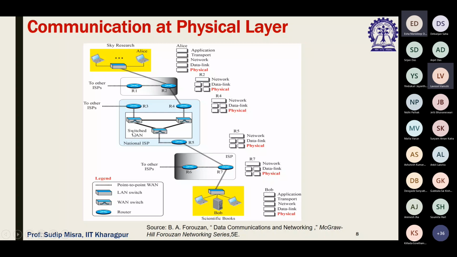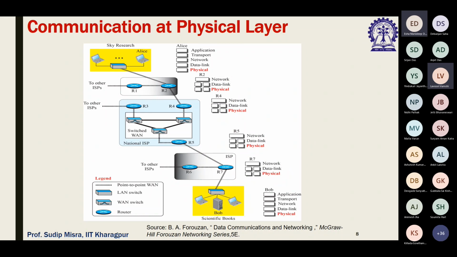Then there is maybe a national ISP, where there is a switched WAN in this manner. Finally it comes to a smaller ISP closer to Bob, and the message gets delivered to the local area network of Bob.